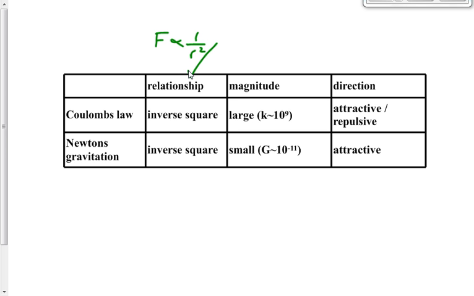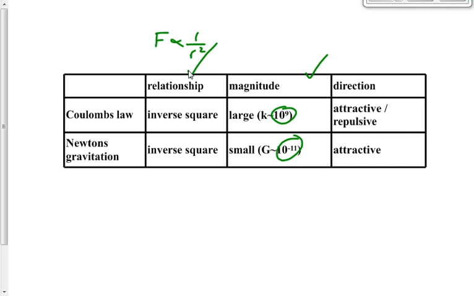And it's a big force because it has a constant that's in that range of 10 to the 9, versus gravity, which is a small force in the grand scheme of things, with a constant that's 10 to the minus 11. And in terms of direction, well, of course, gravity, as far as we know, has to always be an attractive force. We're not aware yet of gravity ever being a repulsive force.